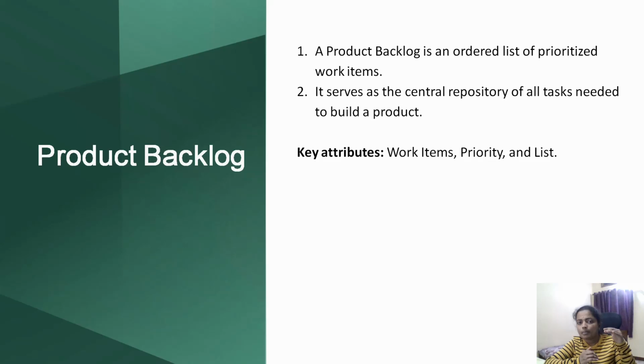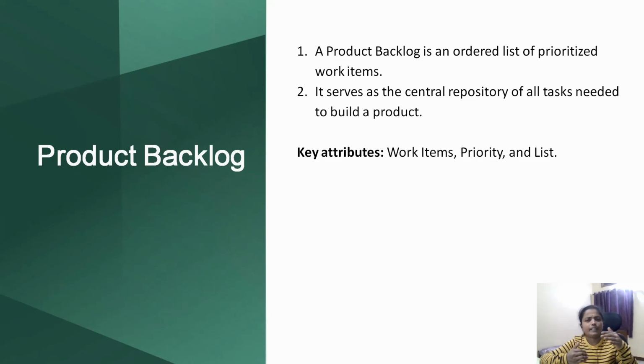Anything that is available in a product backlog is called a work item. It is a generic term because we have different work items available in a product backlog like user stories, bug, spike, technical debt, task, and so on. So, in general, we call all of them work items. And this product backlog is a list.